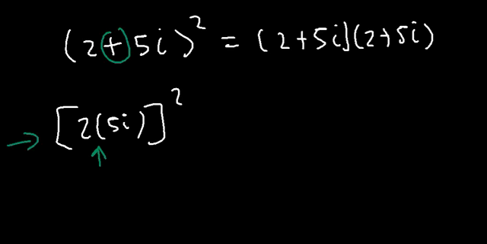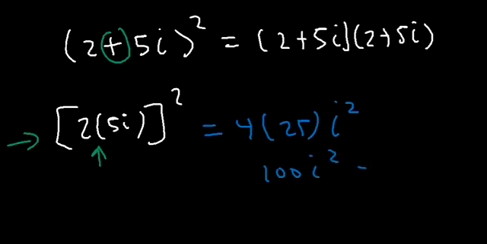You can square both parts. 2 squared is 4. 5 squared is 25. And i squared is just i squared. So you get 100i squared, which is negative 100. Because the 2 is multiplied by the 5i, you don't have to FOIL. But because there's an addition sign between the 2 and the 5i, you do have to FOIL. If there's a plus or minus, you have to FOIL. If it's multiplication or division, you don't have to FOIL. I just want to go over that topic.